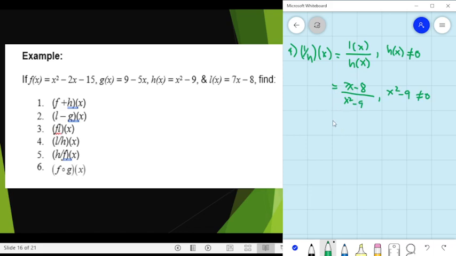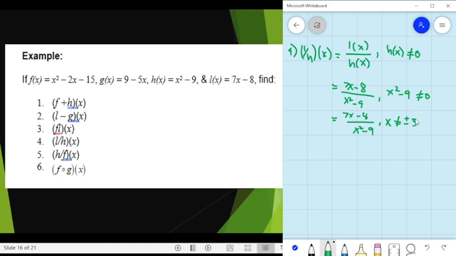So ang ato ang final answer is i-copy ra si 7x. Then minus 8 over x squared minus 9. But we know that x must not be equal to positive or negative 3.